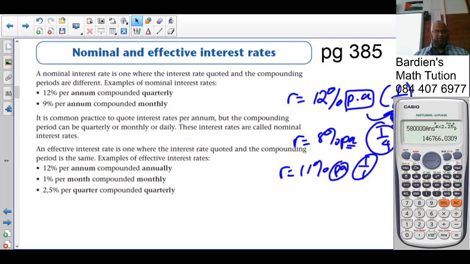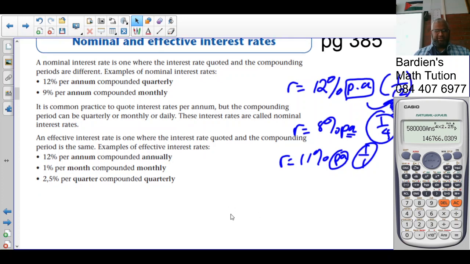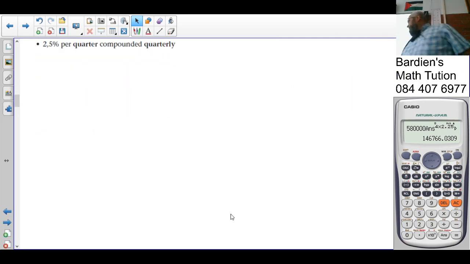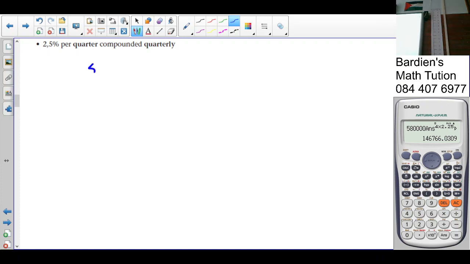Okay. So, let's look at a calculation, how this actually gets calculated. Let me just explain where this is going to come from. Say you've got 5,000 rand that's invested at 10% per annum, compounded monthly.